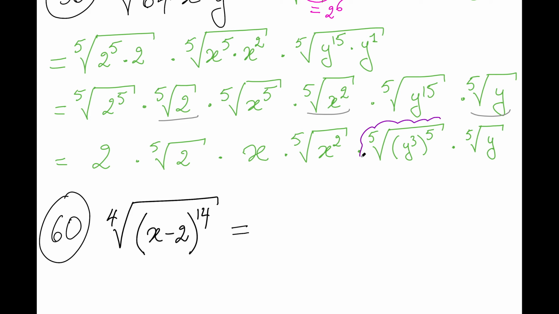Okay, so how about this one? What is that? Well, it's very much the same as this guy, same thing. The 5th root of something to the power 5, because the index n and this power are the same, and both of them are odd, then they clean up in a nice way, and you get y cubed, right?